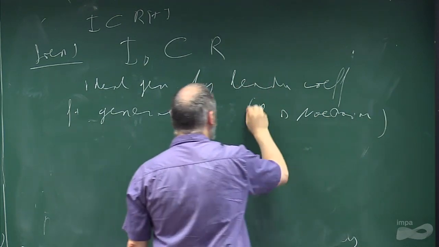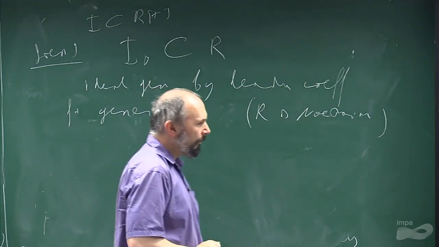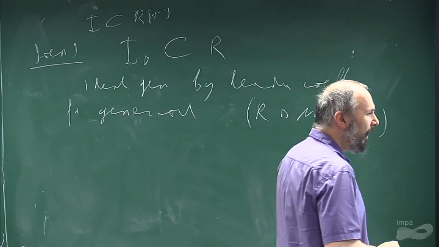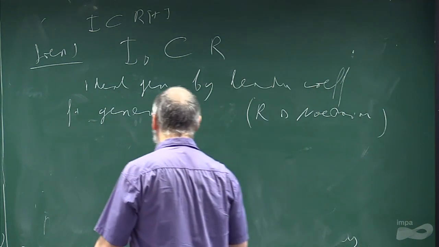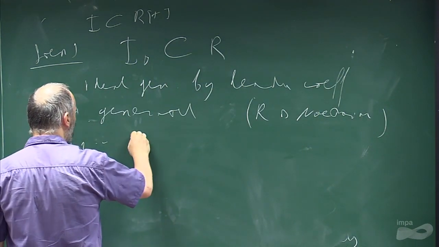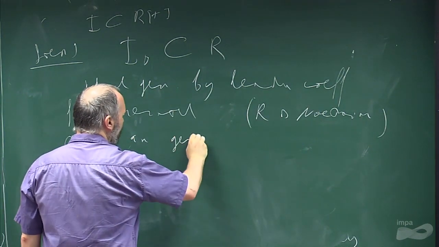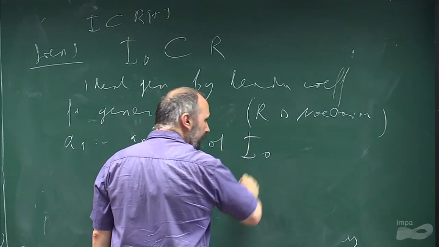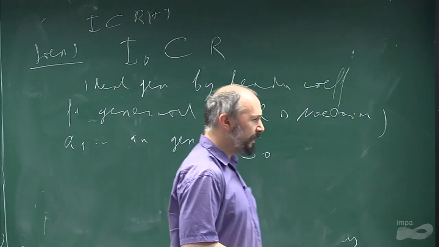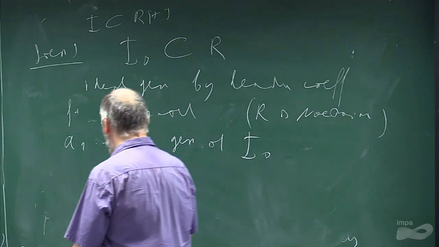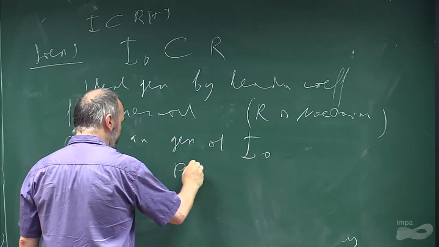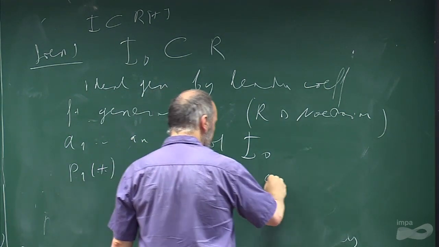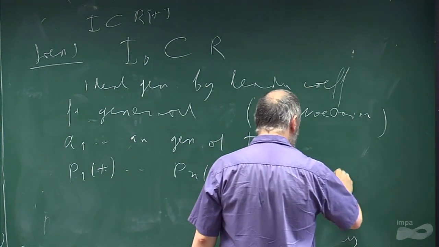And this is an ideal in R. So let's call its generators A1 up to An, generators of this ideal I0. And then you have corresponding polynomials P1 of t up to Pn of t, corresponding polynomials.